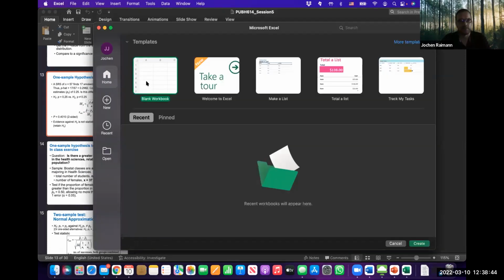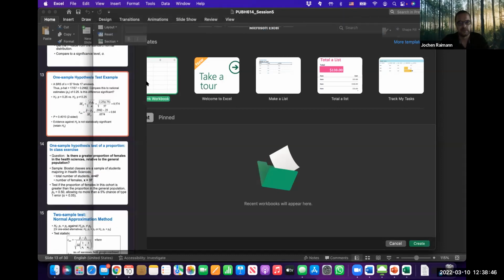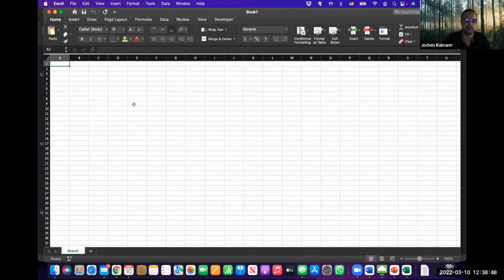So, okay, let's do an Excel spreadsheet. Let's do 47. We have female students, 37. Then we have the non-females, the male students. Then we have 10, right?